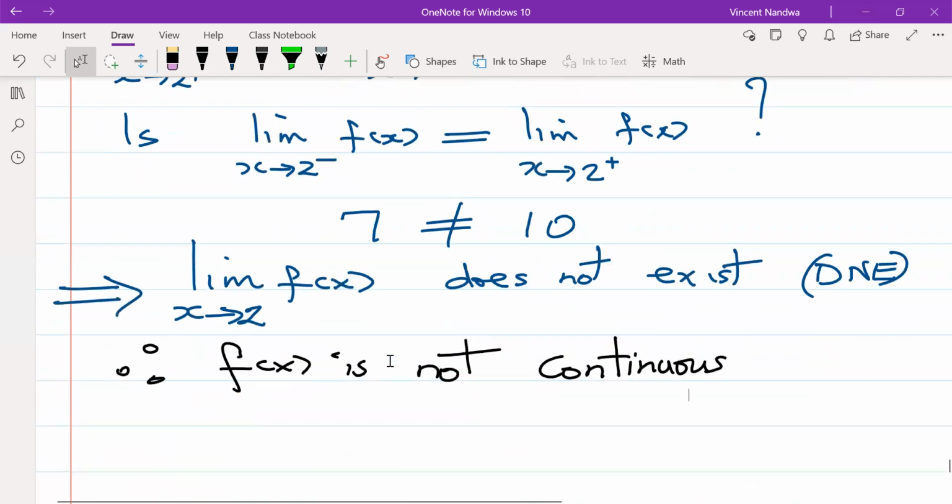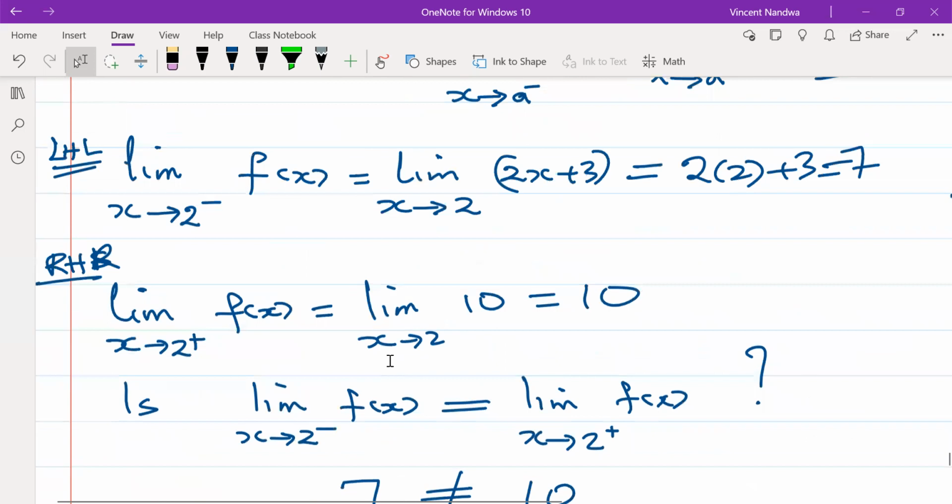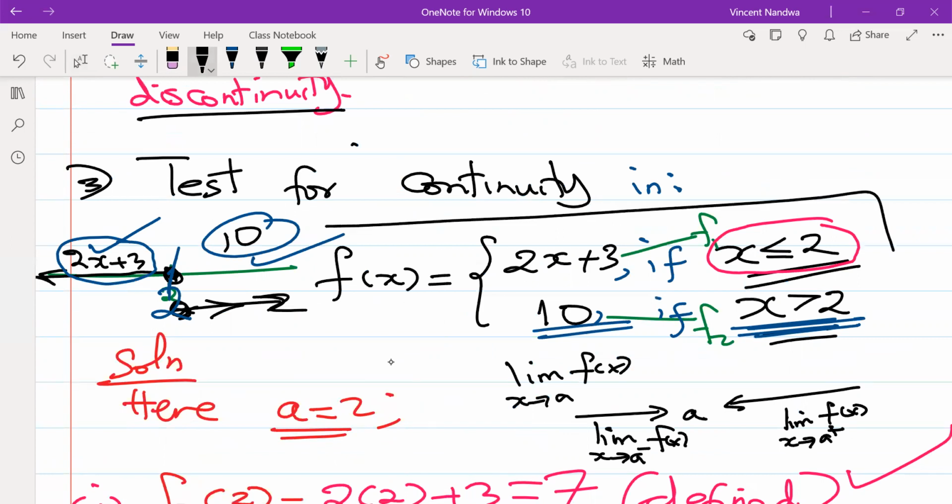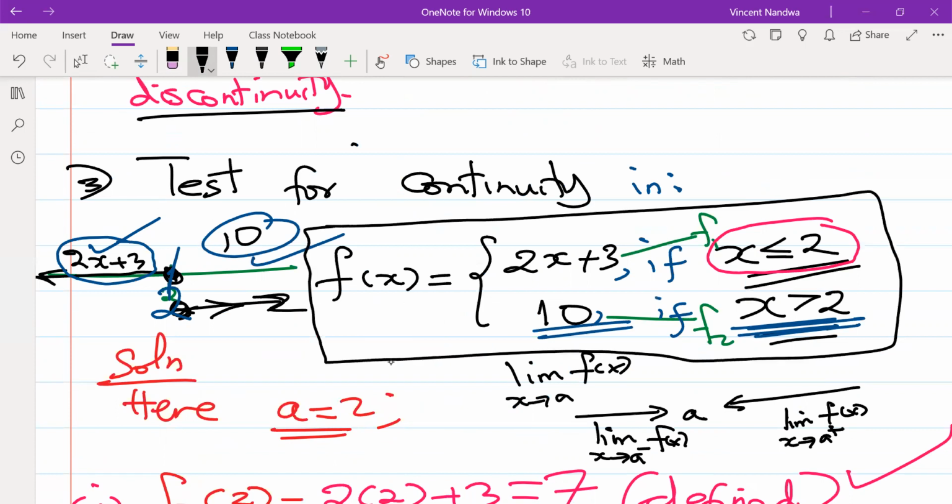Function and formula. The function is everything here. Now remember, I was calling this one F1, F2 for illustration. You don't have to put them there.